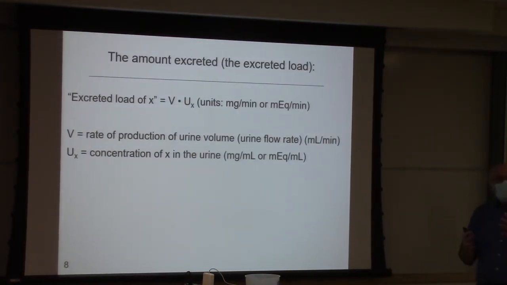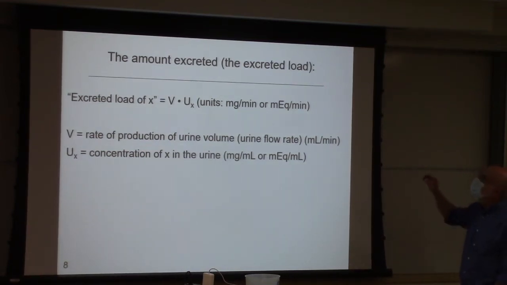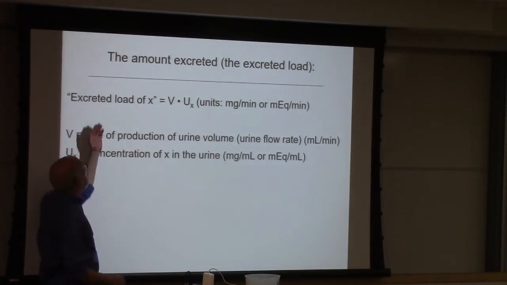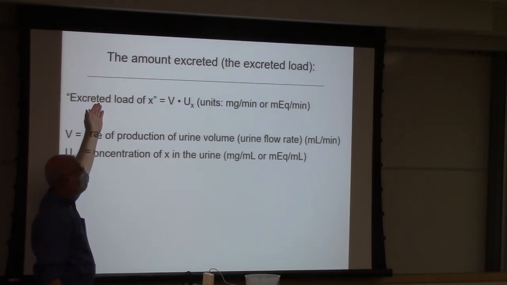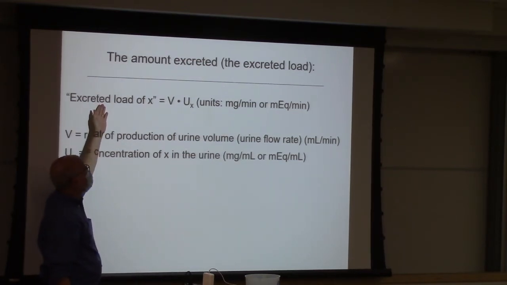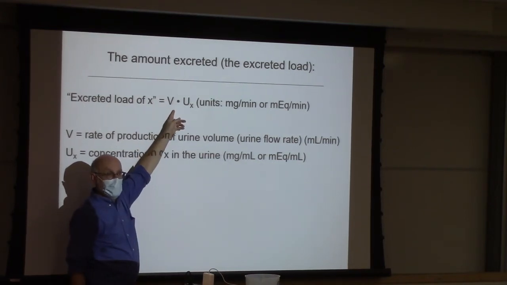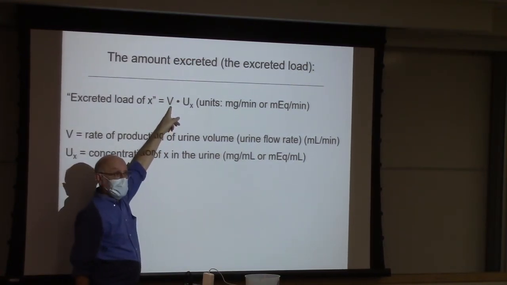So now we're going to do a little bit of arithmetic or mathematics. Well, it's arithmetic. We have a definition of something called the excreted load. The excreted load is the volume of urine, the volume of what you excrete, in mils per minute.